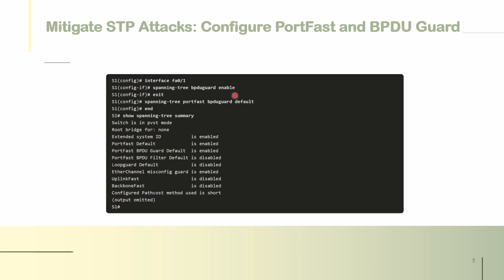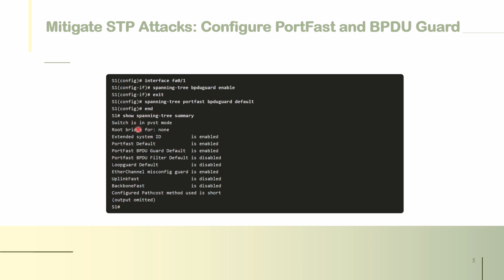As with PortFast, we can configure that globally for all access mode interfaces. In this case, we go to global configuration mode with spanning-tree portfast bpduguard default. We are able to configure that globally.